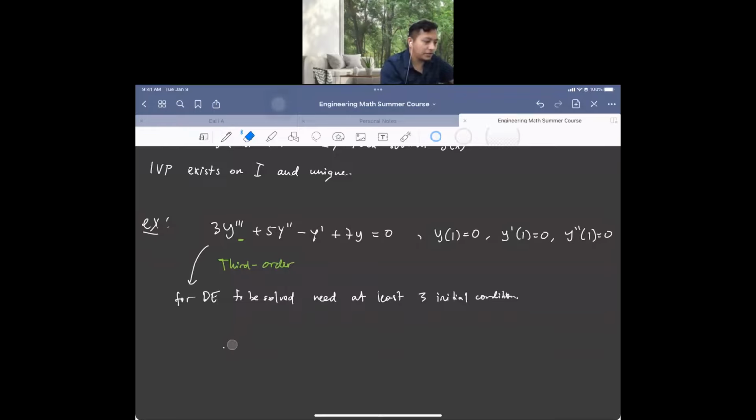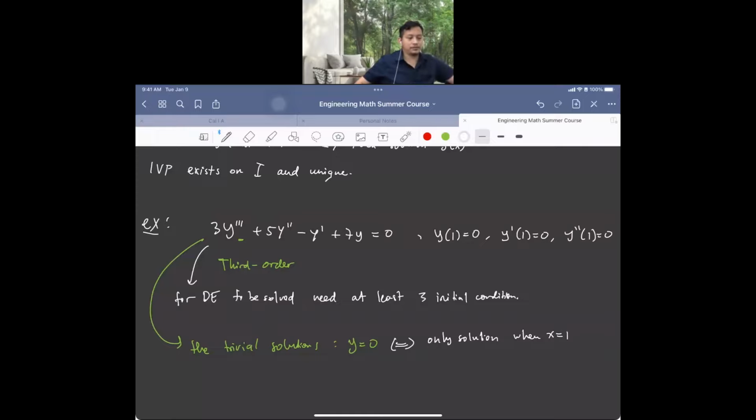And I think the only solution that makes sense, the trivial solution, is y equals 0, right? So this is the only solution that can be done, when x equals 1.